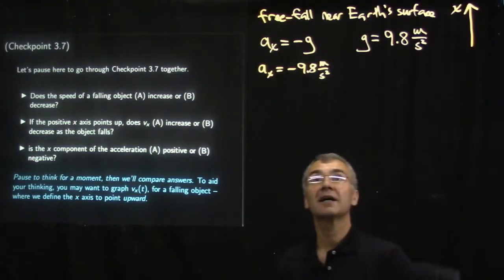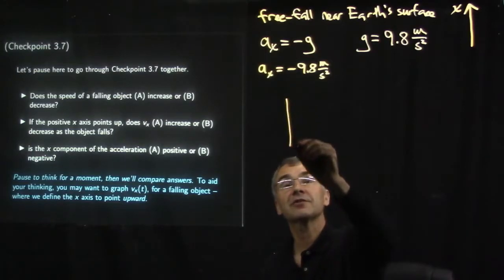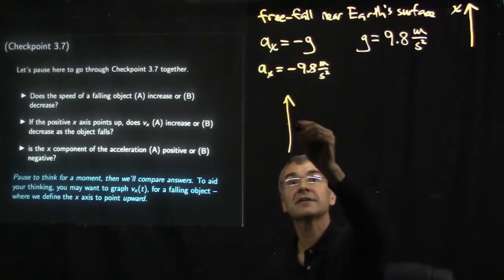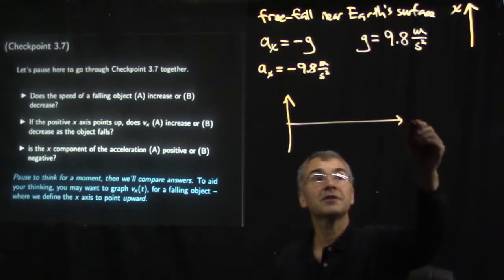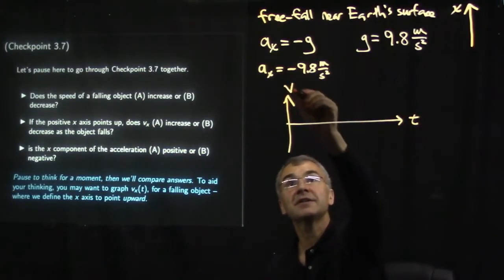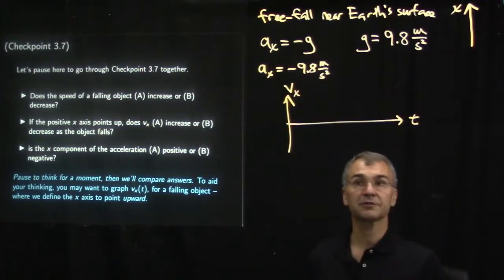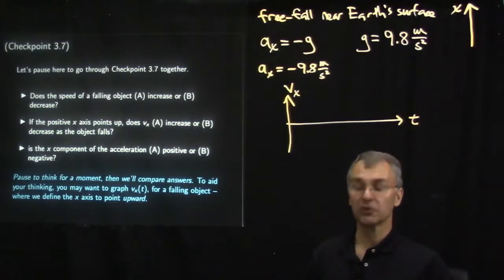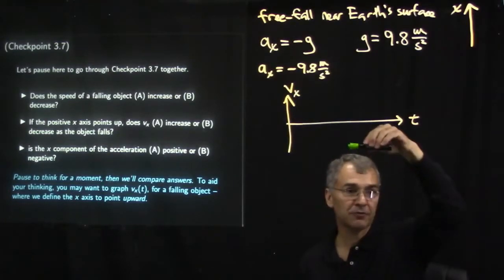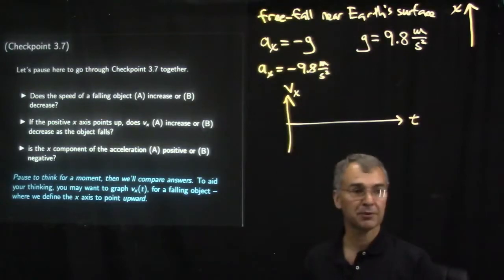So I'm going to draw my own graph. So we said falling. Here is time, and here is the x component of velocity. If we say falling, I think that could mean, for instance, I just drop an object like that.